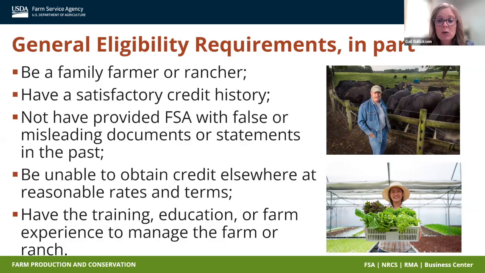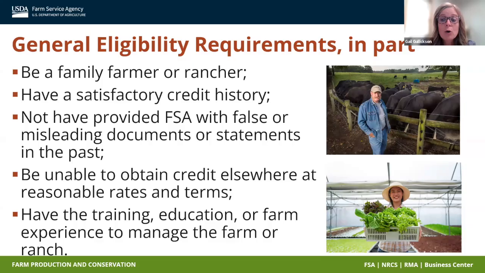Applications may also be made by entities, like corporations, joint operations, partnerships, etc. And their members and stockholders must meet these same eligibility requirements. So the applicant must be the operator of a family farm or ranch after the loan is closed. Applicants must have an acceptable credit history demonstrated by debt repayment.